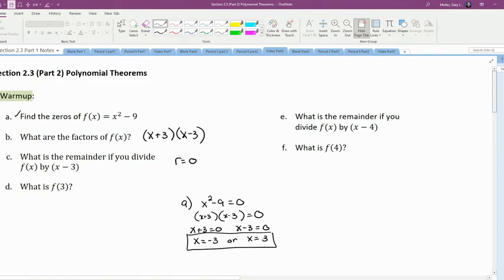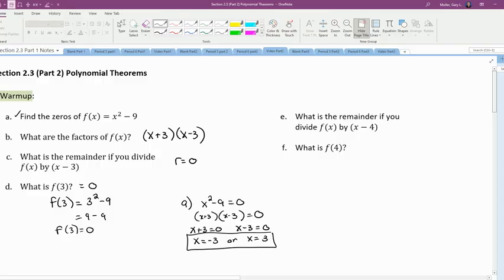And since it's a factor, and we want to know when that factor equals 0, what does that tell us about what f of 3 is going to equal? It's going to equal 0. And let's just do the math on that just to see it in action. 3 squared minus 9 is 9 minus 9. f of 3 is 0.